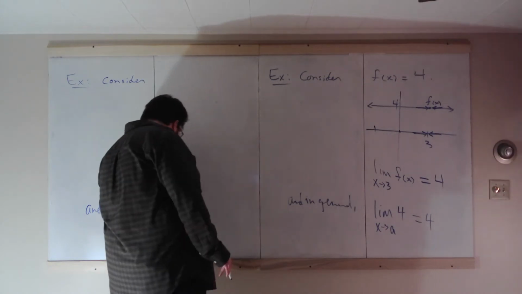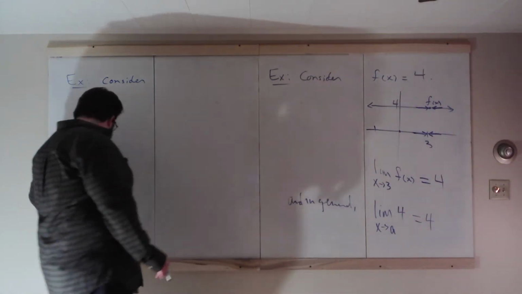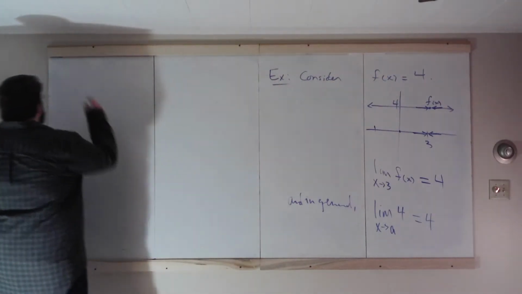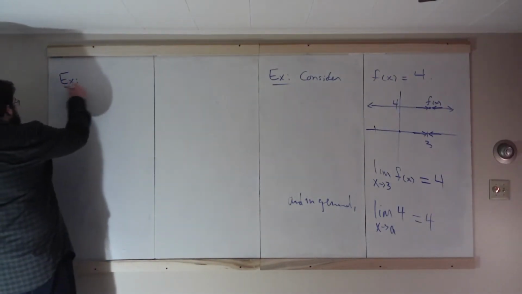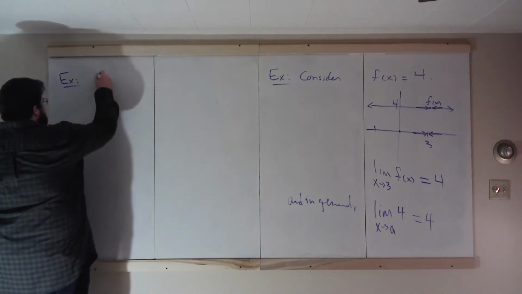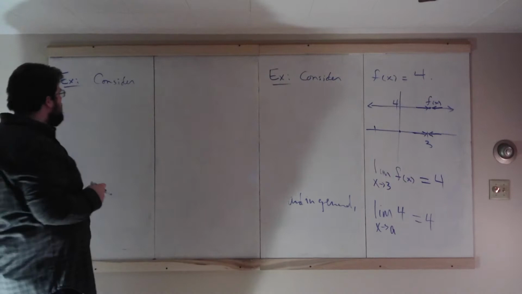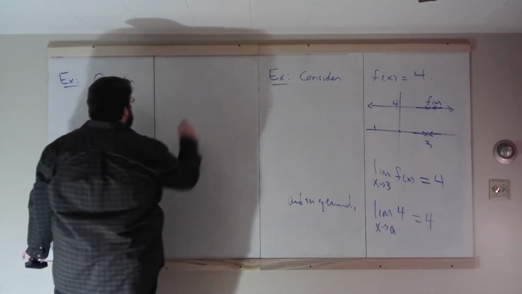Let's look at another example. Consider this function. These are all functions. They all satisfy the vertical line test.